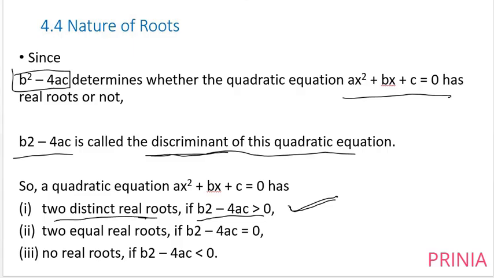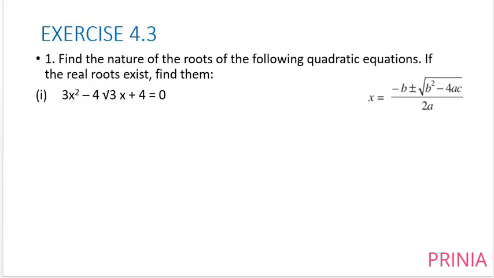The second condition is that if b square minus 4ac is equal to 0, then two equal roots exist. And if b square minus 4ac is less than 0, then no real root exists. We have to remember all these three conditions while solving our quadratic equation problems.